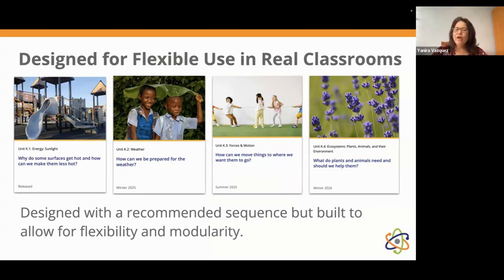And while we have a recommended sequence for these units, we also know that you work in special places all over this country, in special contexts with special populations of students, and you know best. So while we have a recommended sequence, this is designed to also be modular, so you can make decisions about what will work best in your classroom.